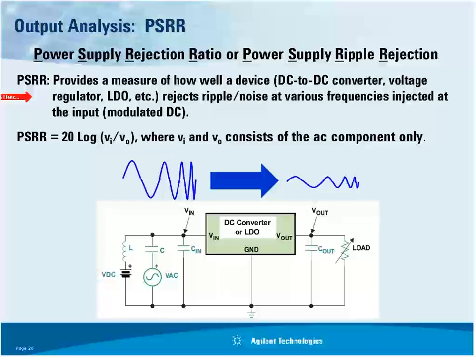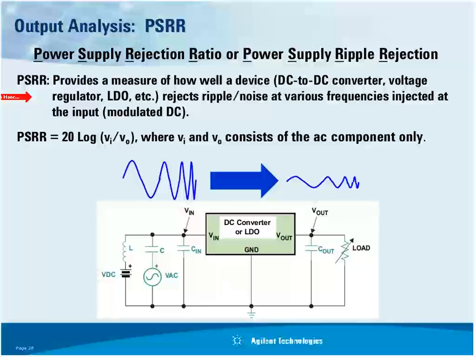So if your input signal is modulated and changing, how well is the output regulated, and if that input signal is modulated, at what frequencies, how well does it reject various frequencies.